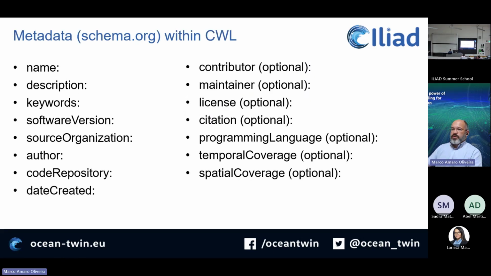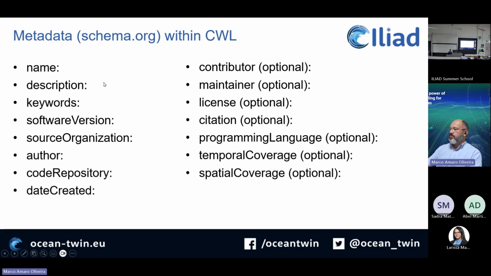In the CWL file, we will then use a set of metadata. This comes from schema.org. It is additional to the elements of the CWL that are already defined, and mandatory.